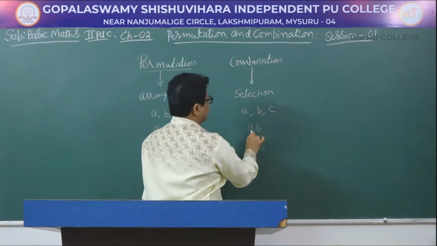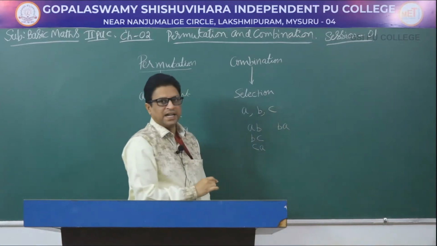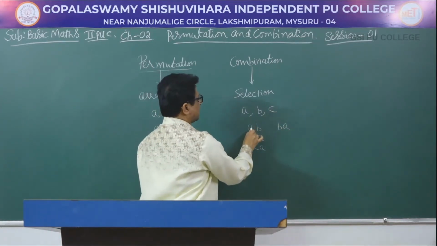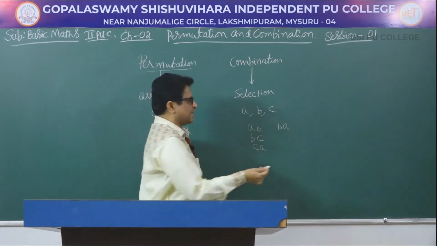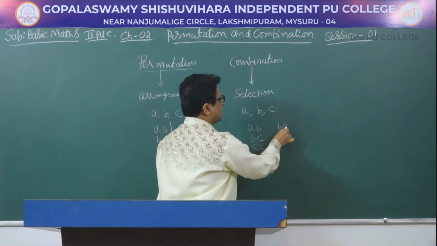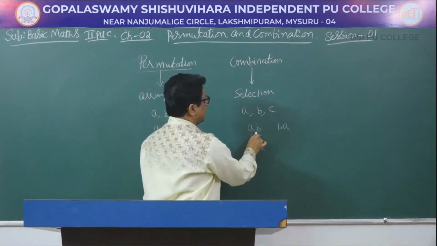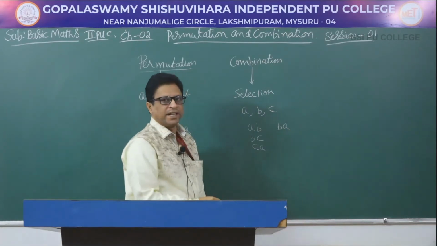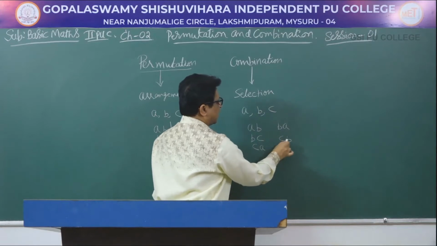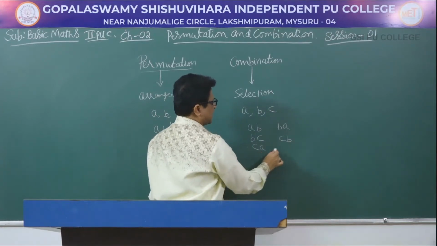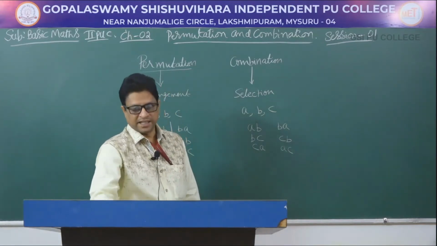In combination, AB and BA are both one and the same, because selecting first A and then B is same as selecting first B and then A. Similarly, BC and CB are one and the same, and CA and AC are also one and the same.